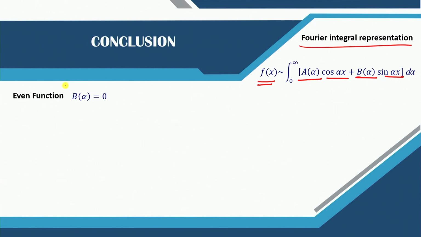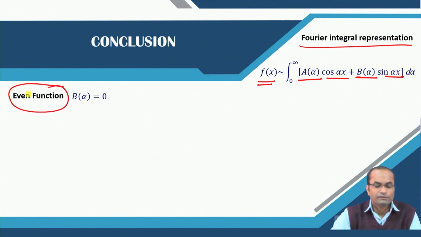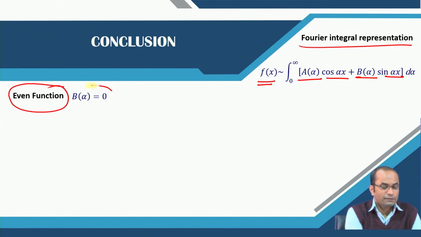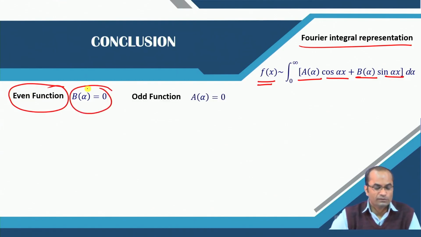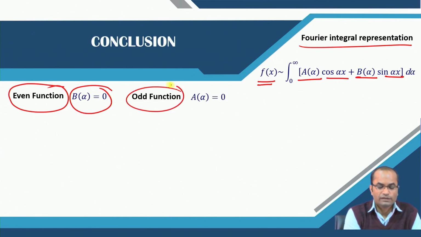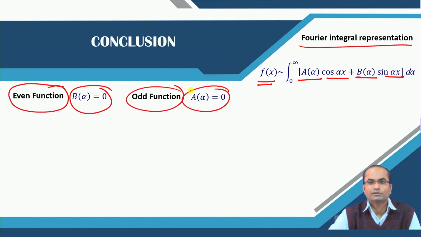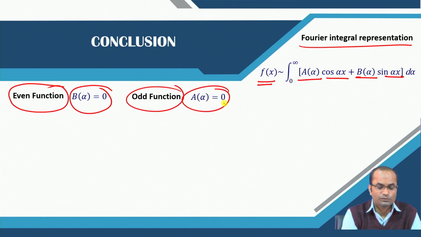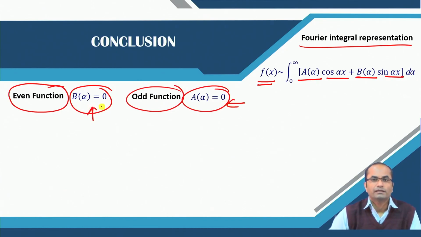But what we have seen in this lecture is that if f is an even function, then b(alpha) will be simply 0, and for an odd function a(alpha) will become 0, and we need to compute just one, a much more simplified integral.